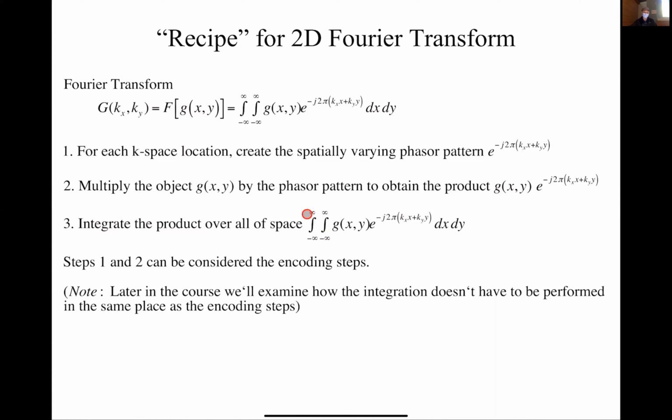And then I integrate over all of space. So one key is that to get one point in K space, I have to integrate over all of image space, or all of object space. That gives you one point in K space, and that's basically the integration step.